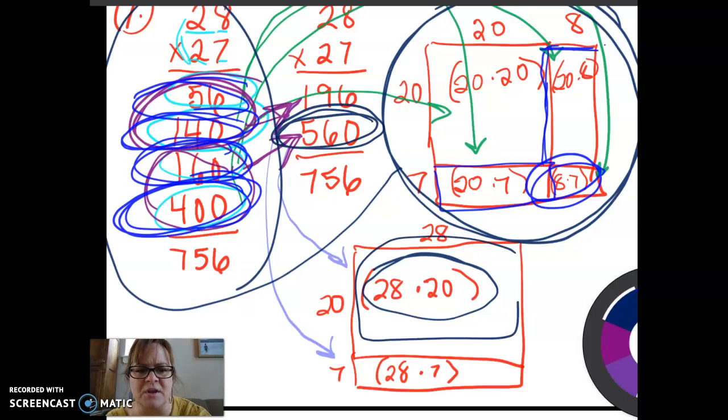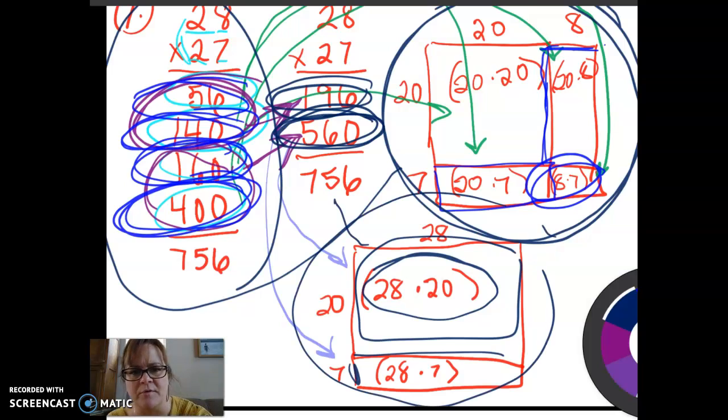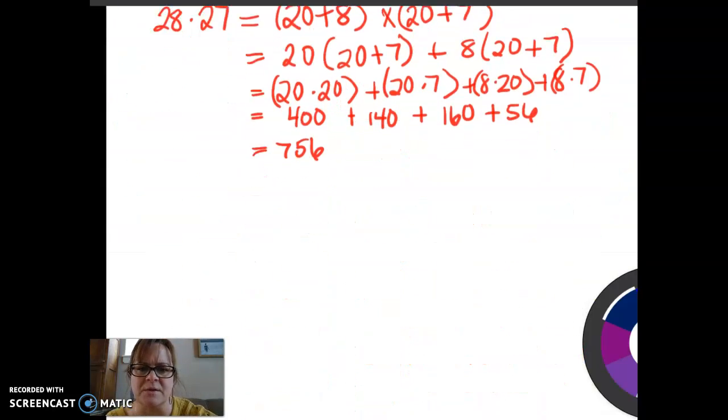So this section is this row of our standard algorithm, and then our 28 times 7 is that section of the standard algorithm. So this math diagram supports the standard algorithm. This other math diagram that we just talked about supports the partial product multiplication.